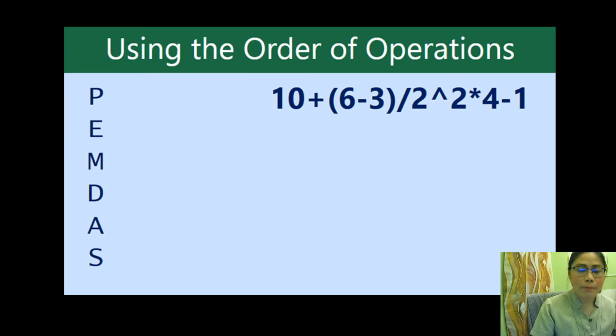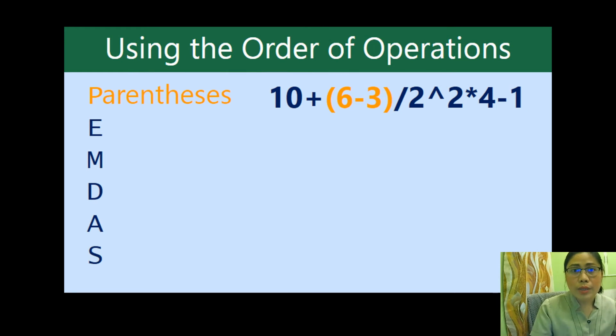Let's say for example class, as you can see, this formula looks complicated. And we can use the order of operations, the step-by-step order of operations to find the right answer. So, una, we need to calculate anything inside the parentheses.